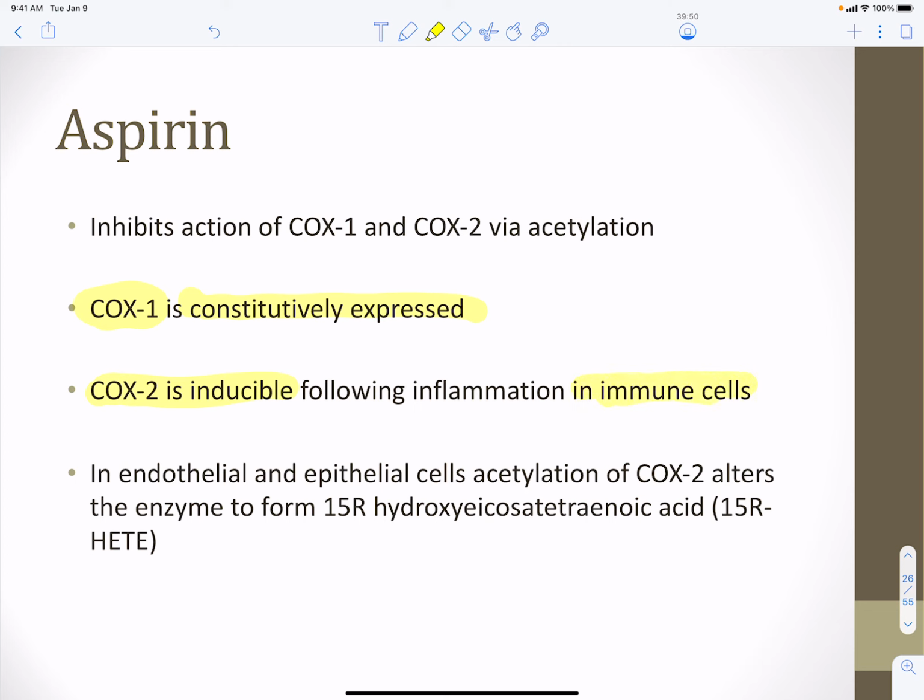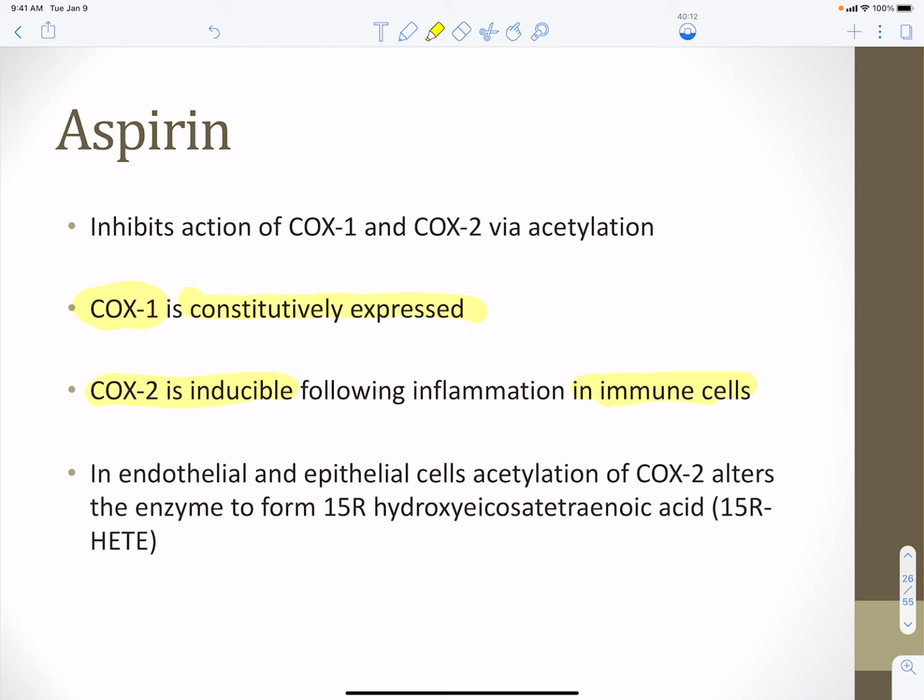No other cells in our body are able to do cyclooxygenase 2. It is going to have the same exact function as cyclooxygenase 1. It's just that during inflammation, you're going to double the amount of your icosanoids produced, because now you don't have just cyclooxygenase 1 working, but you also have cyclooxygenase 2.